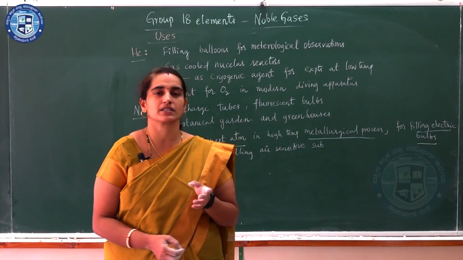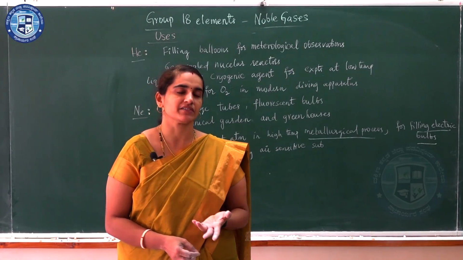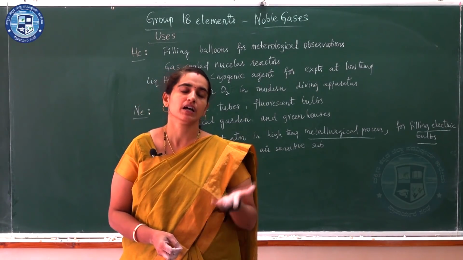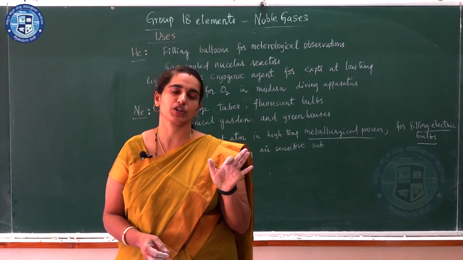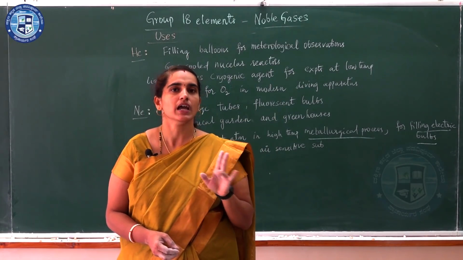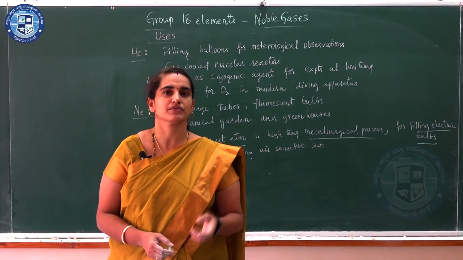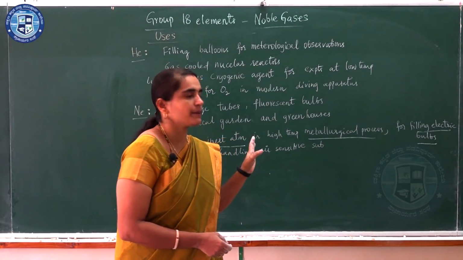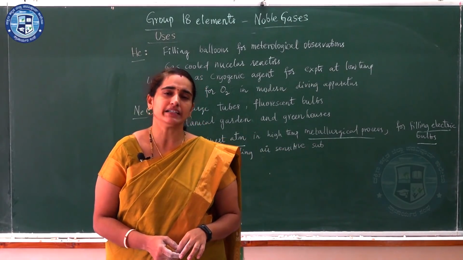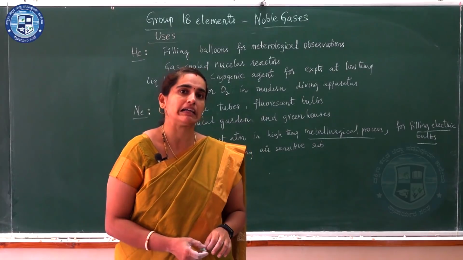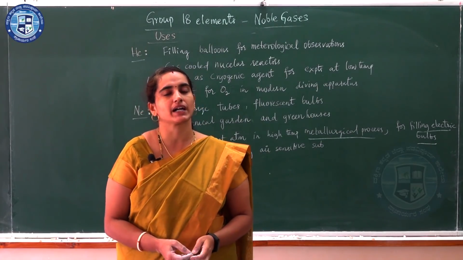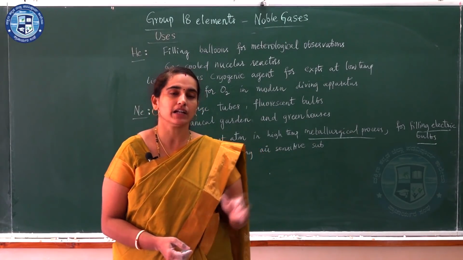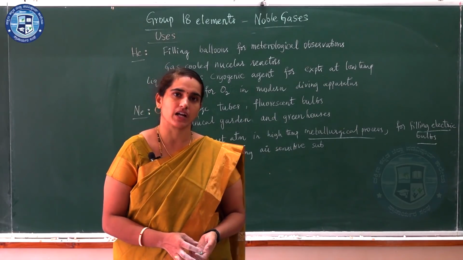Next we have listed some periodic properties and their variations, that is atomic size, electronic configuration, ionization energy, electronegativities. We have seen some physical properties as well as some chemical properties. Usually they are chemically inert, but in 1962 it was Neil Bartlett who accidentally prepared a compound of xenon, and now we have compounds of xenon also.